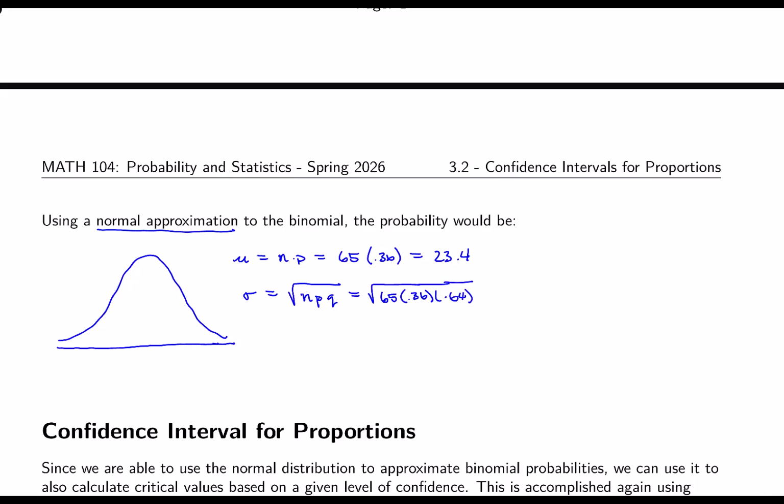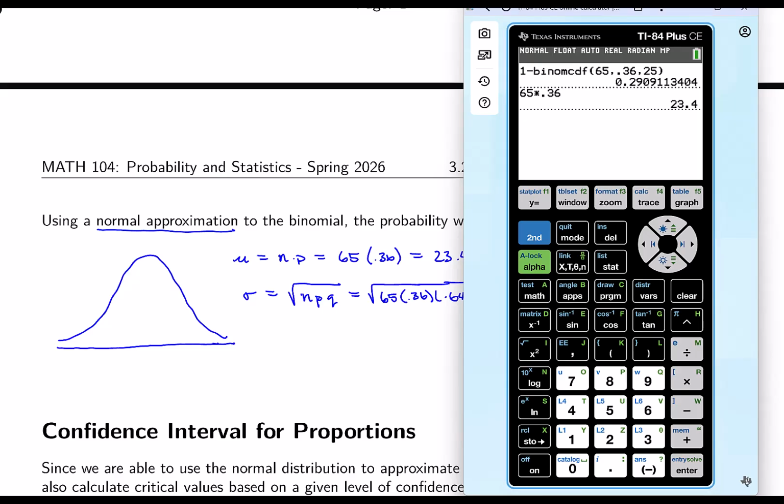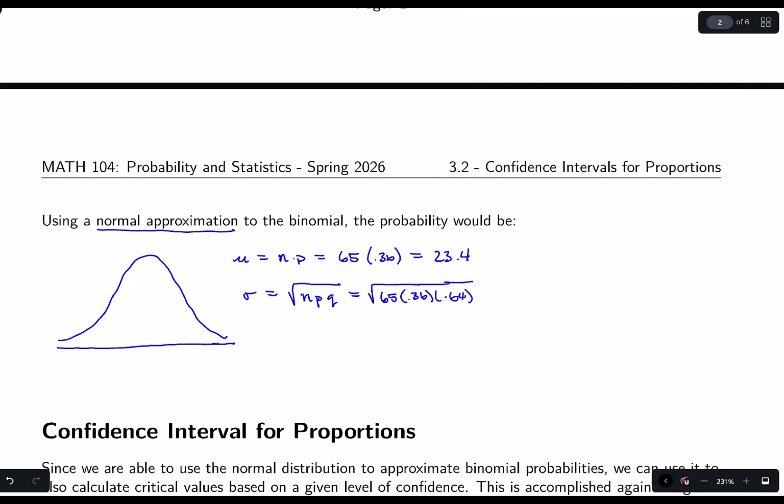And if we put that into the calculator, we get, let's see, the square root of 65 times 0.36 times 0.64, 3.87. Okay, so now we have a mean and a standard deviation to work with.